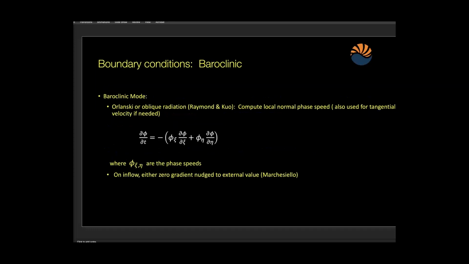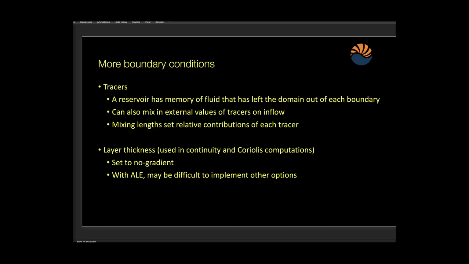So we introduced some errors through this, and this is where the art of implementing these conditions is. Okay, more boundary conditions. We have boundary conditions for tracers, temperature and salinity, as well as for biogeochemistry recently that have been implemented at GFDL.